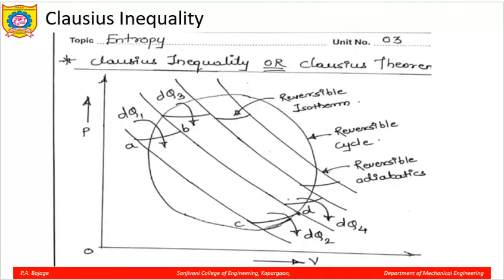Now, before starting this derivation, we have to consider a Carnot cycle first. You can see on the y axis you have the pressure represented, on the x axis you have the volume, and you can see constant reversible isotherms, the lines called the reversible isothermals.